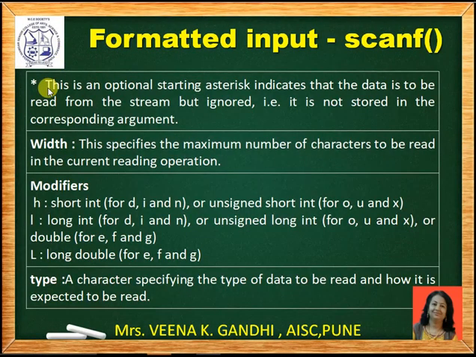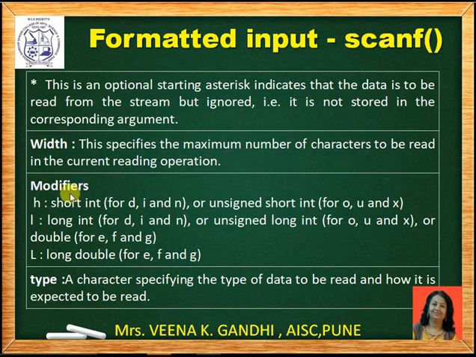Now in a format string, after the percent sign, the first optional character is the asterisk. It indicates that data is to be read from the keyboard or string, but it is to be ignored. It is not stored in the corresponding variable or argument. Next is width. It specifies the maximum number of characters to be read in the current reading operation.